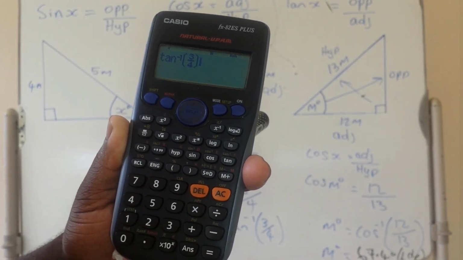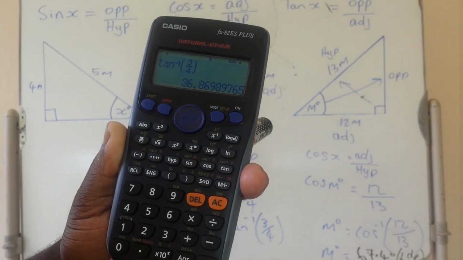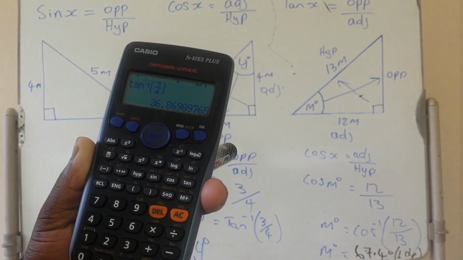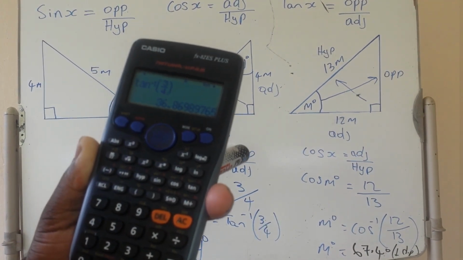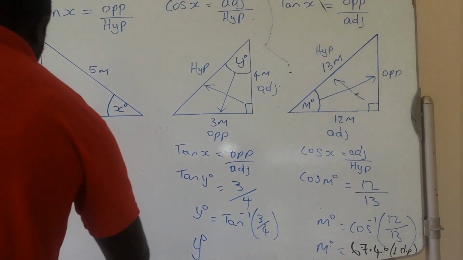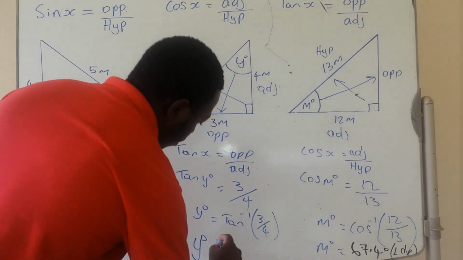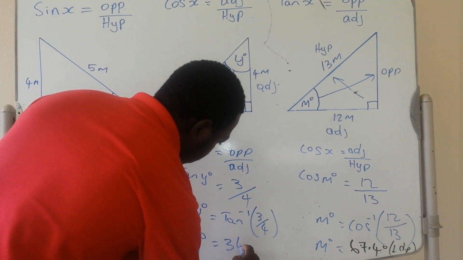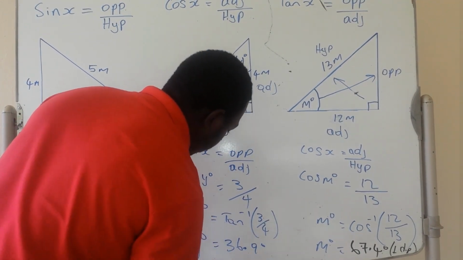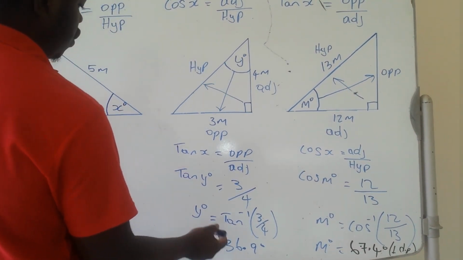Close your bracket, press equal, and our angle is 36.86, and we are going to round off to 1 decimal place, so it is 36.9. So our angle here is equal to 36.9 degrees. So that's how you find it.